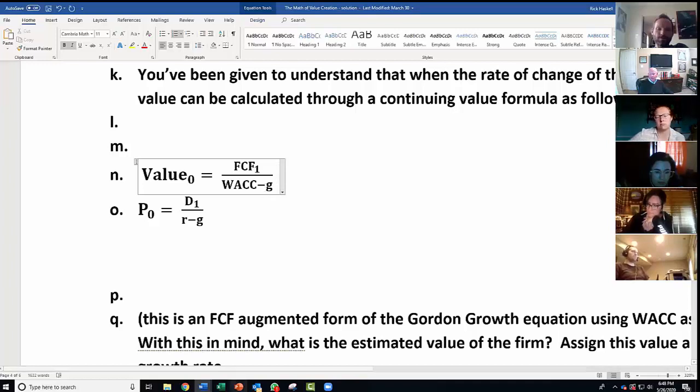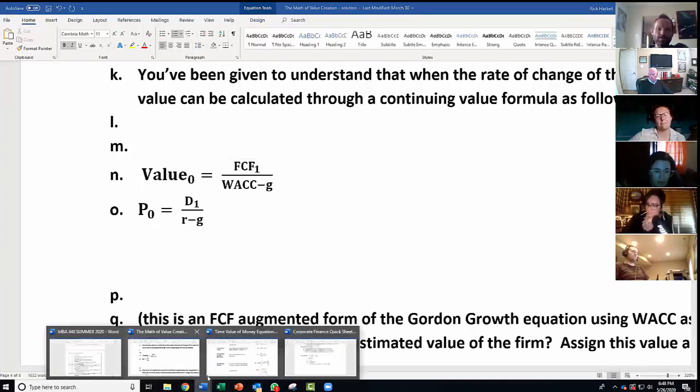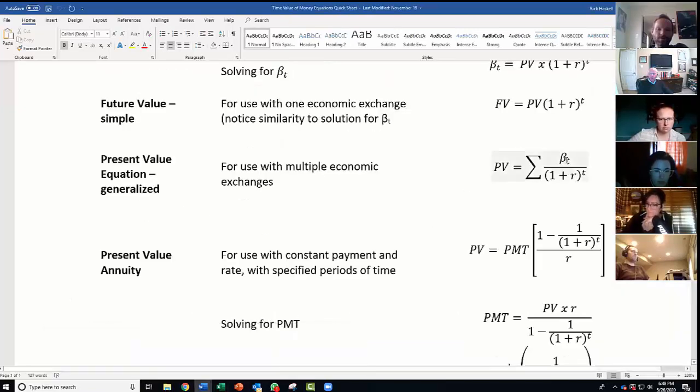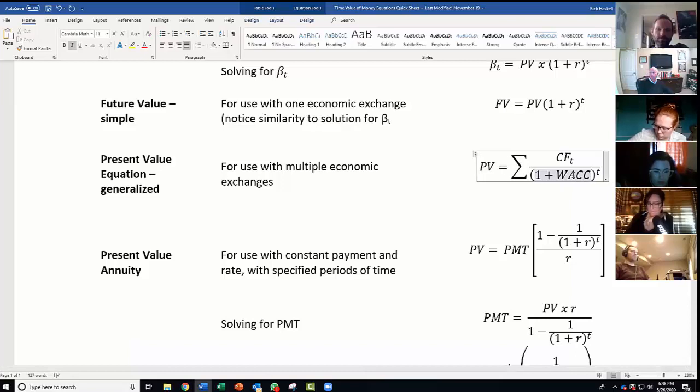So if we have, and I'm going to keep toggling back and forth between these, if we have this beta t, let's call it cash flow instead of benefit to make it easier for us, and let's call r WACC, so we put it in terms that are more familiar for the rest of our discussion.